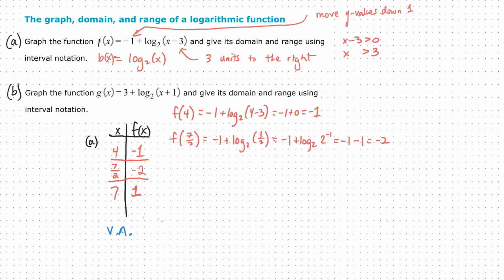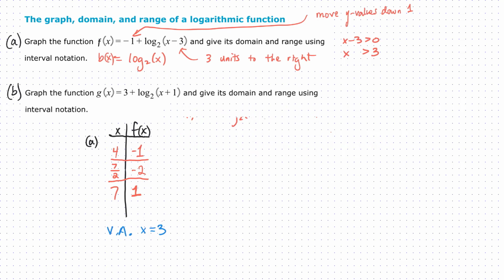Our vertical asymptote is x equals 3. I'm going to clear this out, give myself more room to graph.